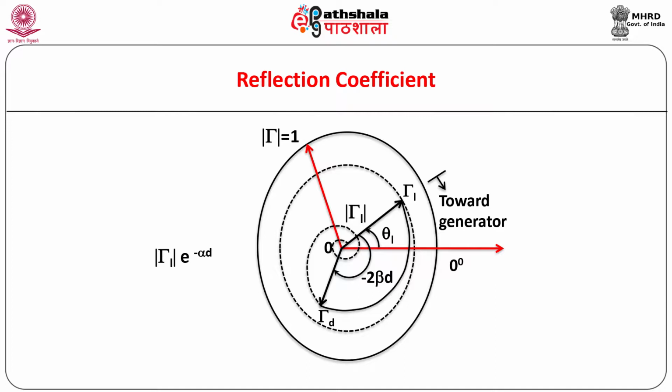At a distance d from the load, the magnitude of the reflection coefficient is mod tau L into e raised to minus 2 alpha d, while its phase angle is theta L minus 2 beta d. Graphically, we get a spiral of decreasing radius with increase in the distance d.